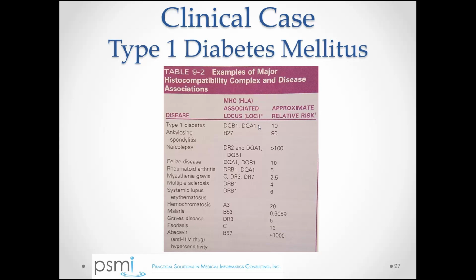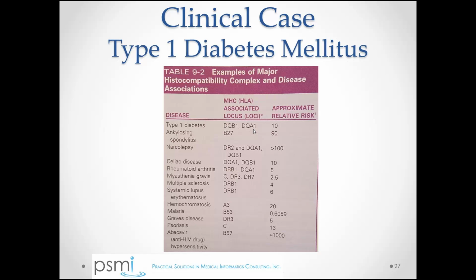Okay, we've talked a little bit about the major histocompatibility locus, and we've talked a little bit about HLA, but what I would like to do is delve into HLA a little bit, talk a little bit about the genetics of the immune system, and then come back to this and try to explain how that leads to diabetes. So we know from genome-wide association studies that there's an increased frequency of particular alleles of these particular genes in type 1 diabetes.